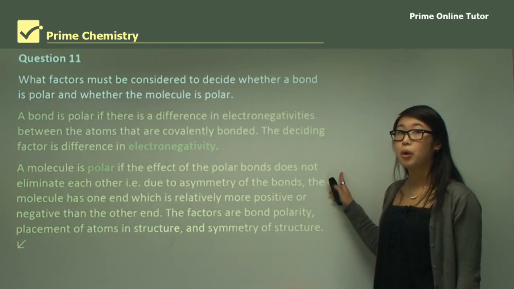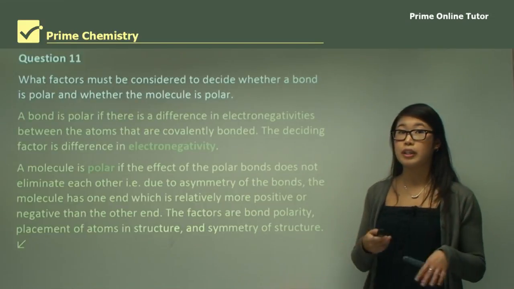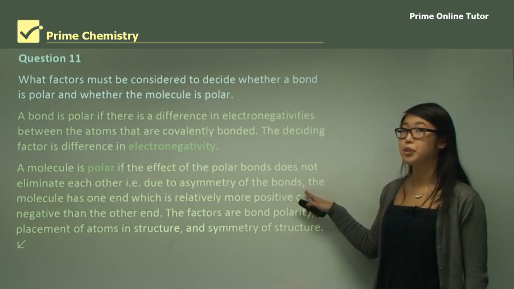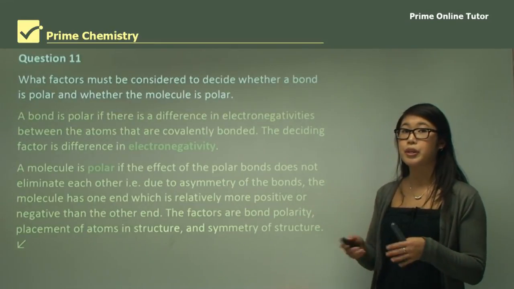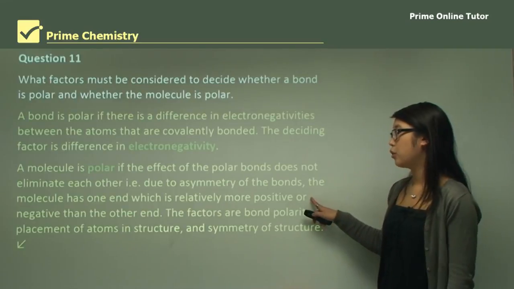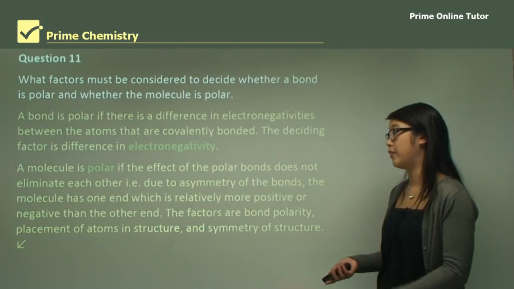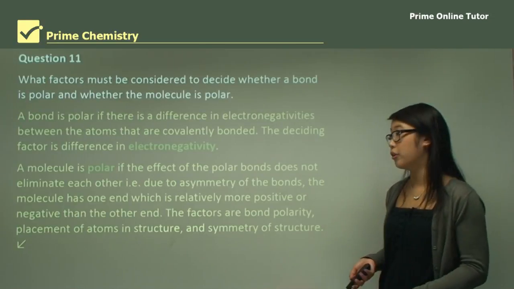So a molecule is polar if all the polar bonds do not eliminate each other. So it needs to be not symmetrical. If there's asymmetry, that means it's not symmetrical, we can then add them together, and therefore it's going to have a net charge one way. So one side will be more positive than the other, and that means one side will be more negative than the other. And when we find this, we can say that the molecule is polar or not.